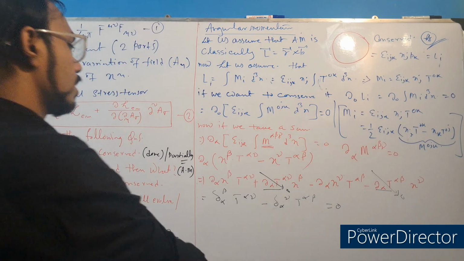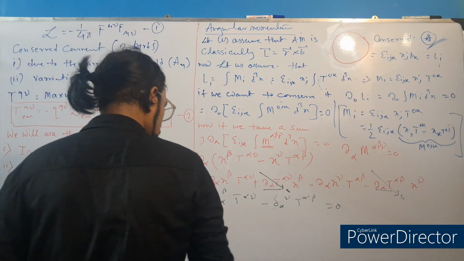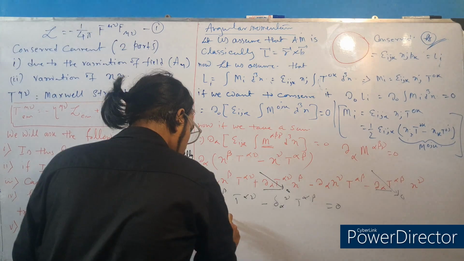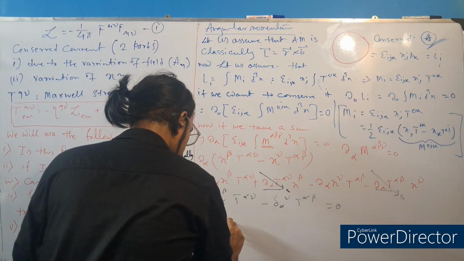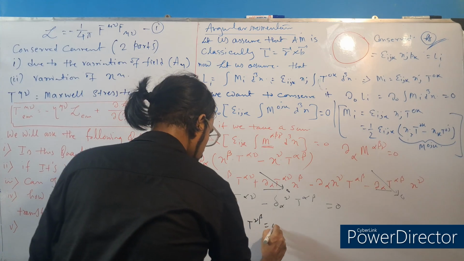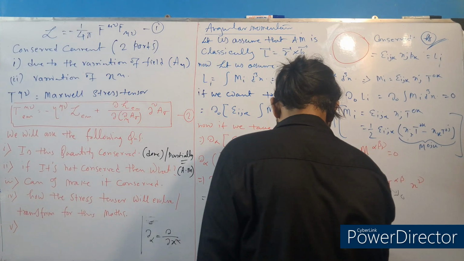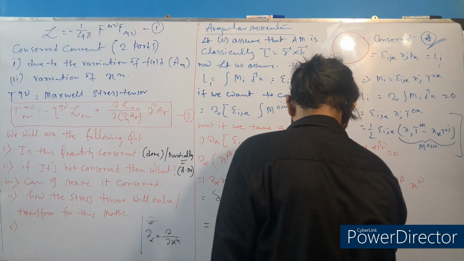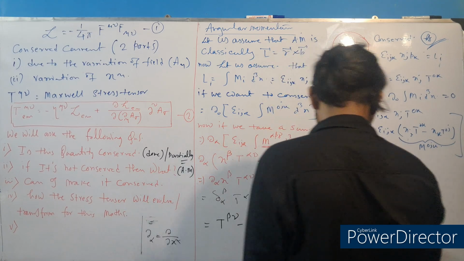Okay, so this Kronecker delta will act upon this T and we will get T^{beta gamma} minus T^{gamma beta} is equal to 0, and T^{gamma beta} is equal to T^{beta gamma}. This is a very surprising thing.